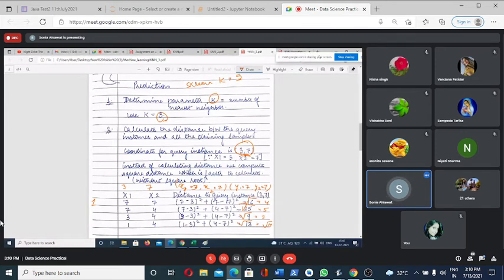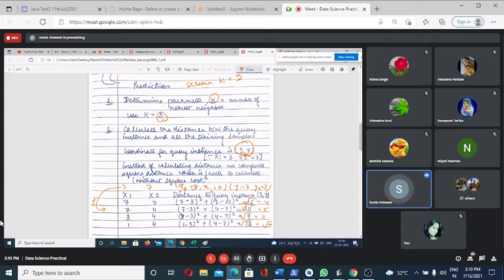Okay, class. Similarly, what I did again for this instance, I calculated from the training sample. So now my x2 is 7, x1 is 3, y2 is 4, and y1 is 7. So it is (7 minus 3) whole square plus (4 minus 7) whole square, which is coming out to be 25.